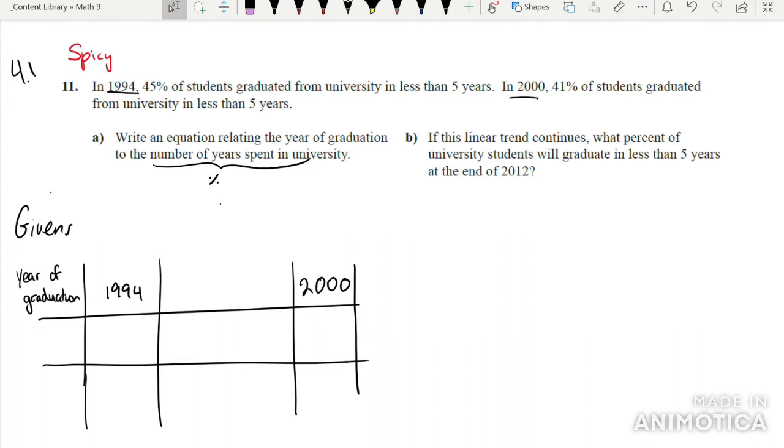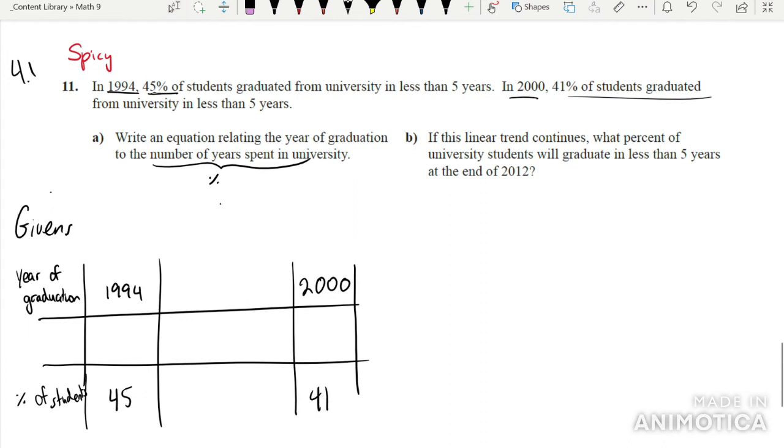And then it says 45% of students graduated from university in 1994. So I'm going to do percent of students. So here I have 45%, and then 41% graduated later. So I'm going to put 41. In fact, I'm actually going to get rid of the percentage sign.